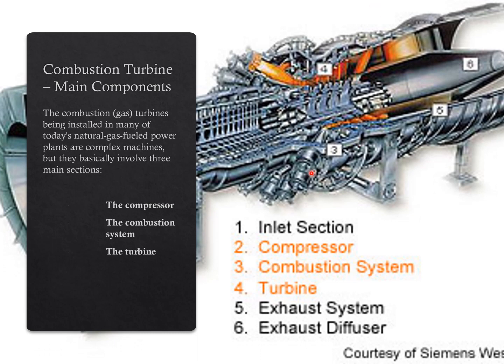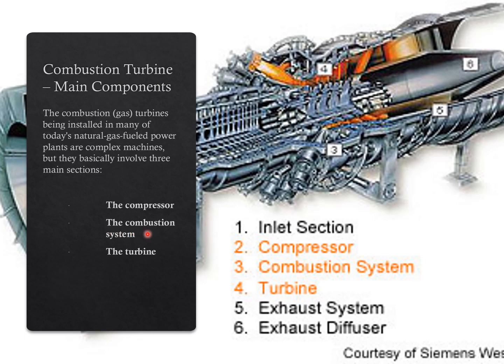So the combustion turbine is a very complex system, but we can break it down into three parts. The first one is your compressor. In your previous diagram, you remember there's a compression chamber at the middle of the system. Then your combustion system, which is where all your gas and fuel mix up and ignite.